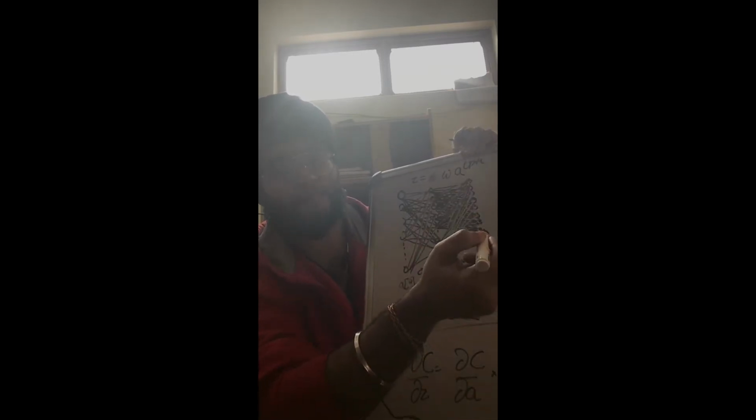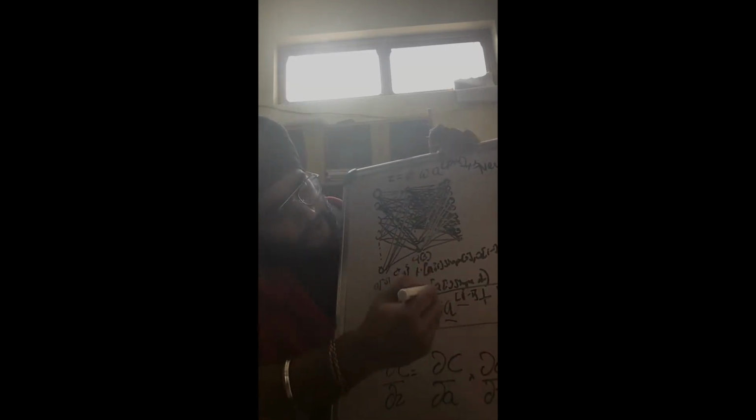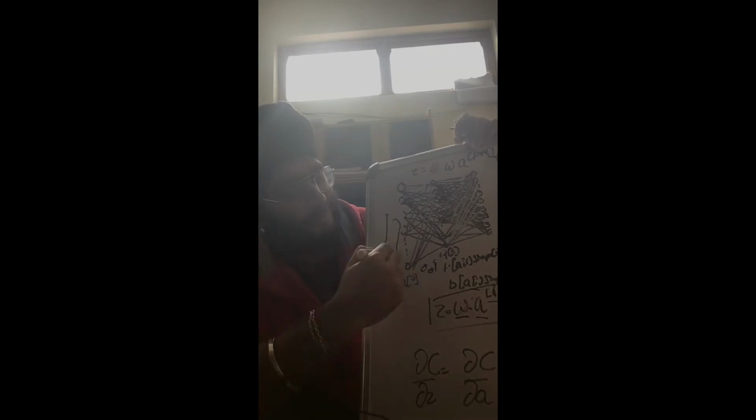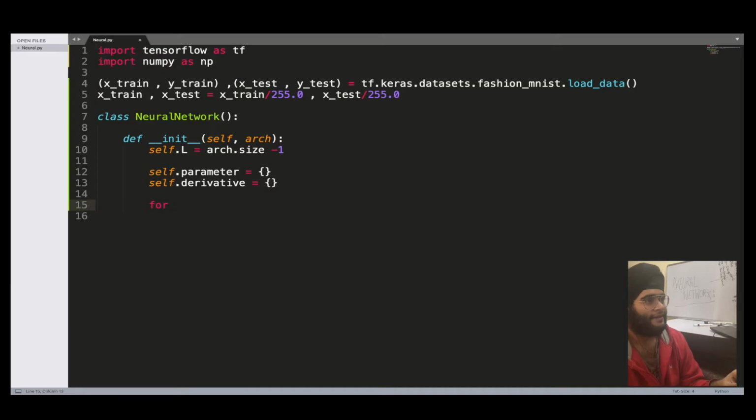So z is w times a of the previous layer, because we will be calculating the activation value of this layer through z, plus the biases. Biases again have to be the dimensions of the activation layer rows comma 1, so a column like this. Okay.